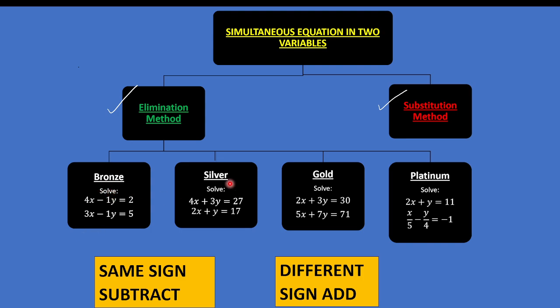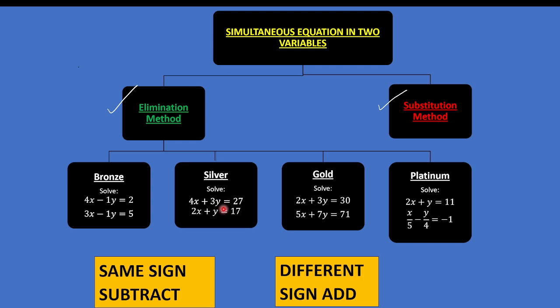Now after that we will see silver. In the silver category we get to see a multiple of the term. See here in equation number 1, the y term is 3y. In equation number 2, my y term is a single y. So if you focus, you will understand that this 3y is a multiple of y.